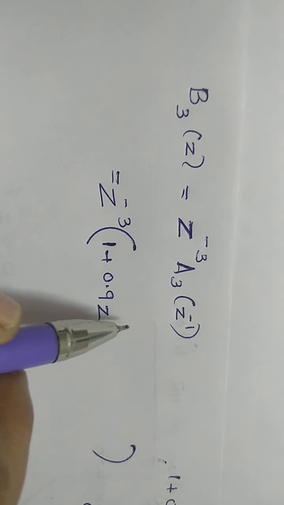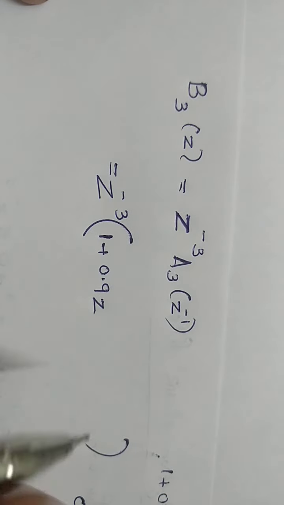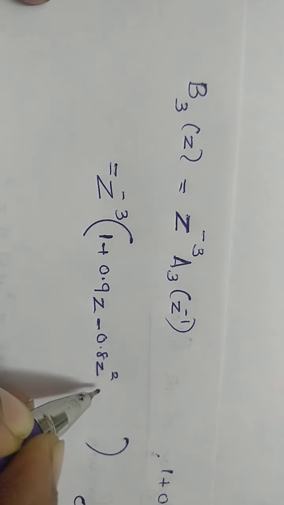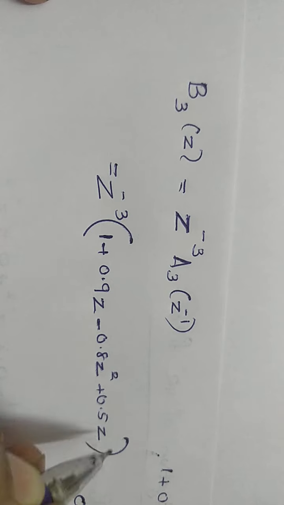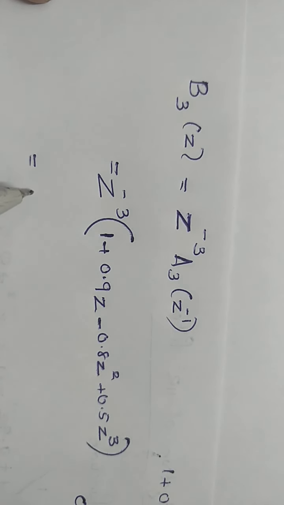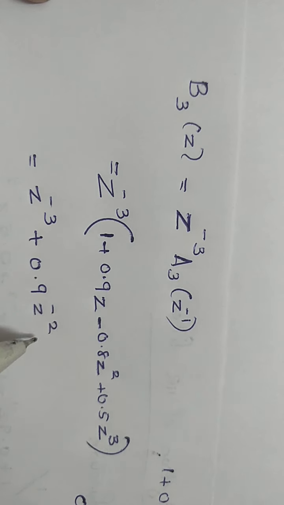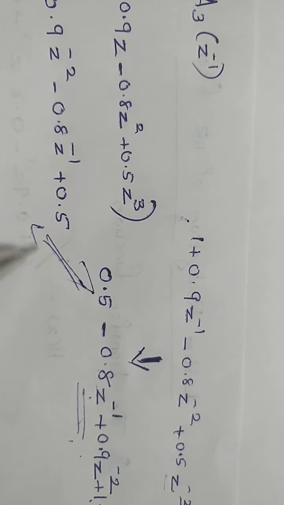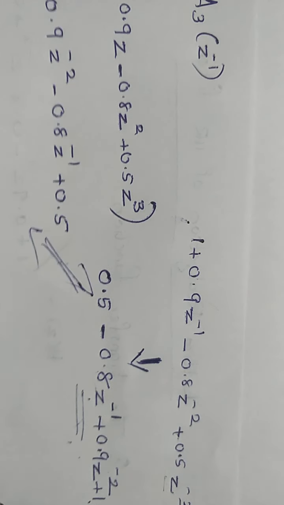Don't write the inverse term, simply write the positive term. Then multiplying it with z raised to minus 3, we will be getting z raised to minus 3 plus 0.9 z raised to minus 2 minus 0.8 z raised to minus 1 plus 0.5. So the same answer we got by reversing the equation. Either way you can do it.